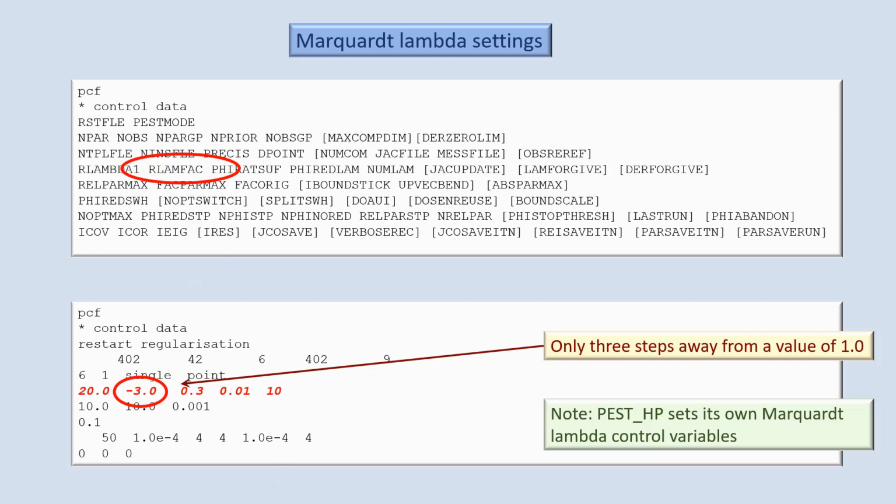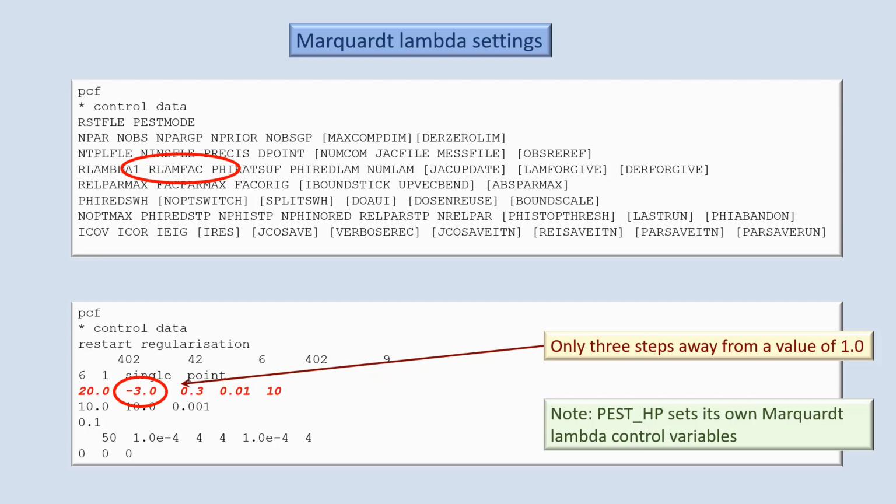The method of selection of Marquardt lambdas is done by multiplying a previous Marquardt lambda by a certain factor. That factor can take the Marquardt lambda up or down. PEST determines which is the better way to go on the basis of the objective functions that are being achieved at that stage of the inversion process.